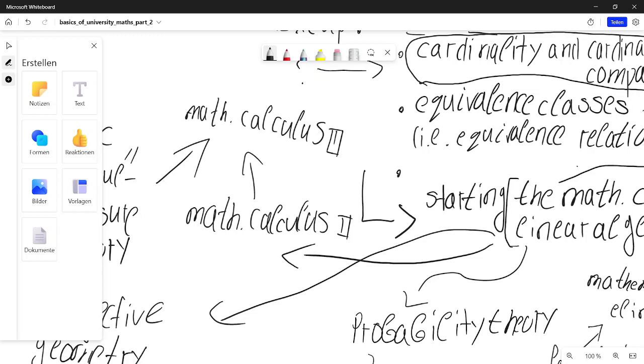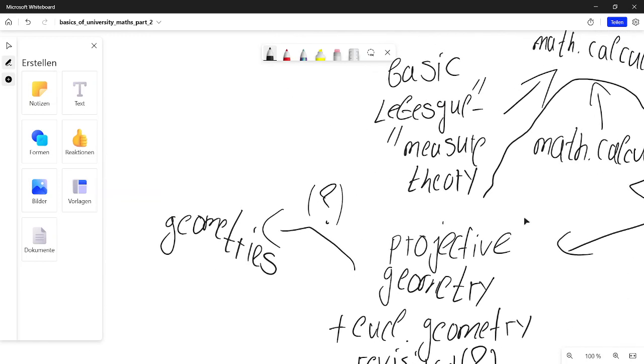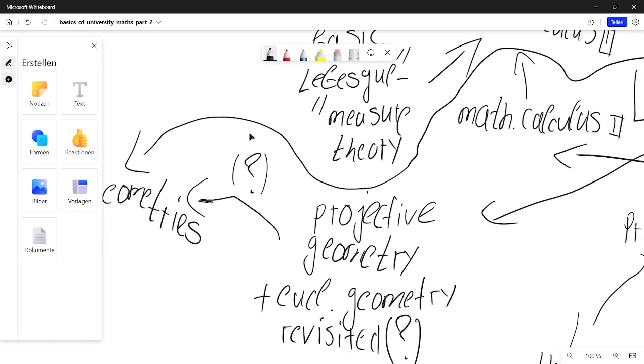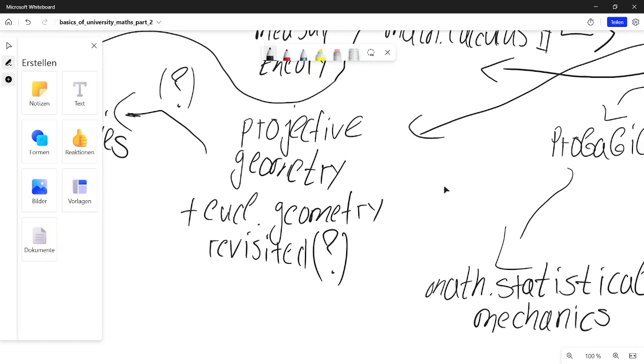Enter here. Geometries. It gives a nice setting, but it does not necessarily give hands-on tools. Okay, from the geometry sense.